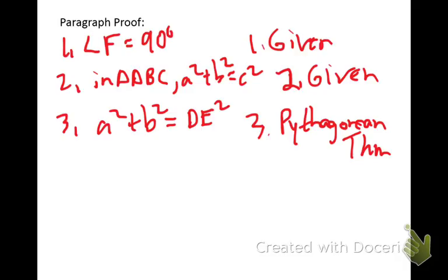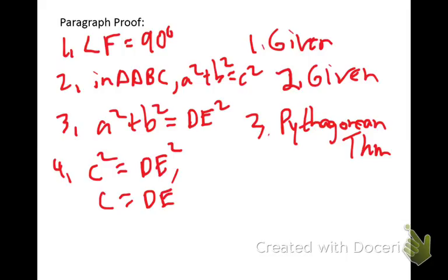So we're using the right triangle on the right to show the one on the left is a right triangle. So we've got a squared plus b squared equals DE squared. And then step 4 would be c squared is equal to DE squared. So from that we can say c equals DE. And that's by substitution.